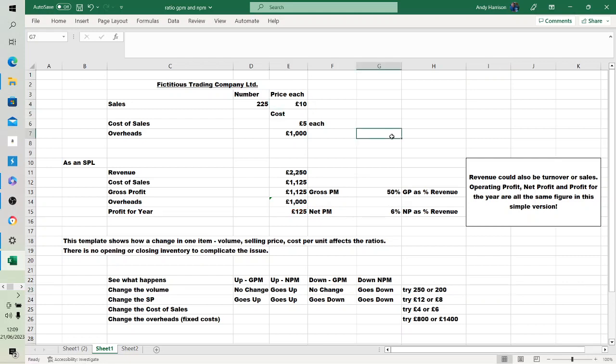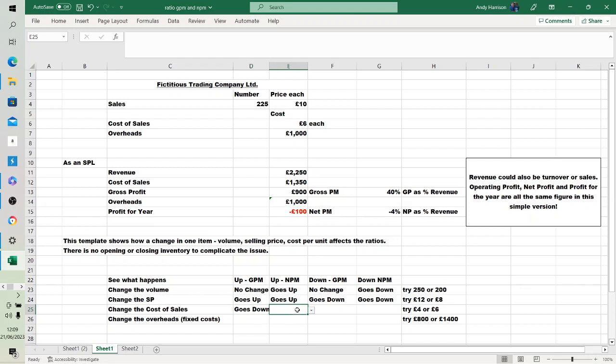Right, next one. Change the cost of sales. So £5 each. If suddenly the cost is £6, the cost of sales has gone up and the gross profit margin has gone down.